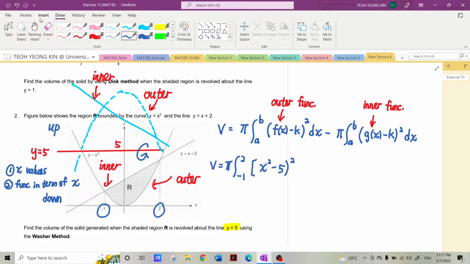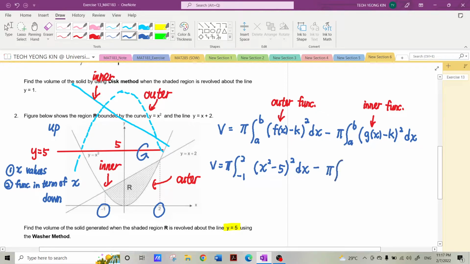Don't forget to put the power of 2, with respect to x, minus pi, integration from -1 to 2. The inner function is the straight line, which is x plus 2. So here is x plus 2 minus k. k is 5. Don't forget to put squared.